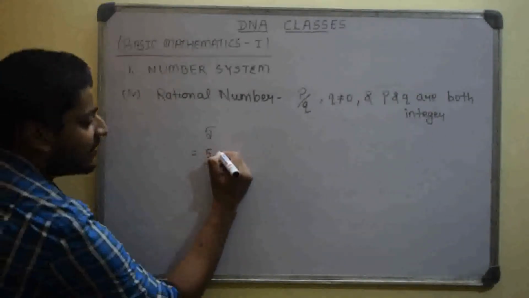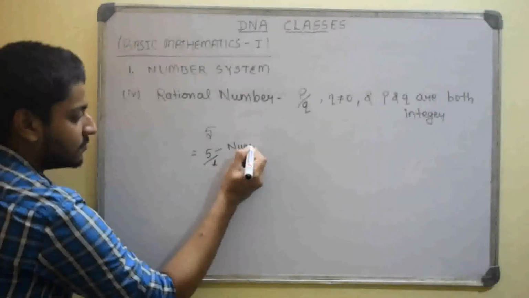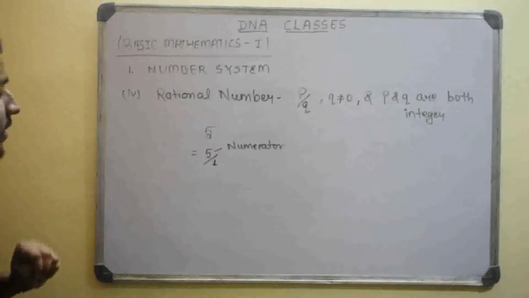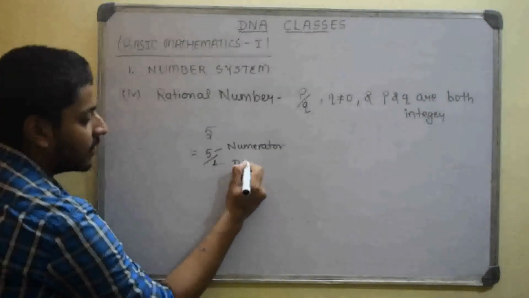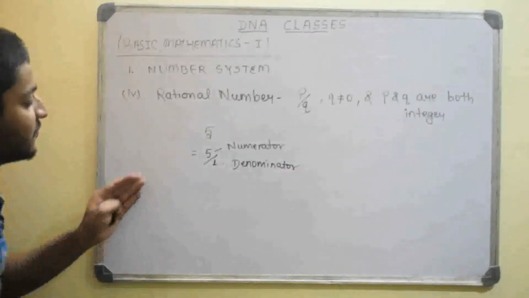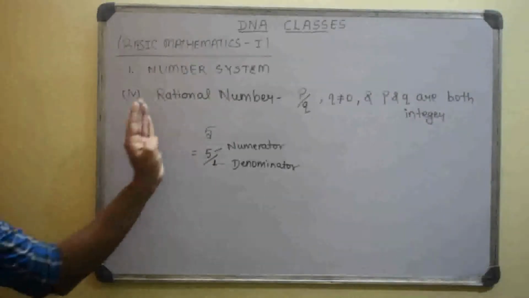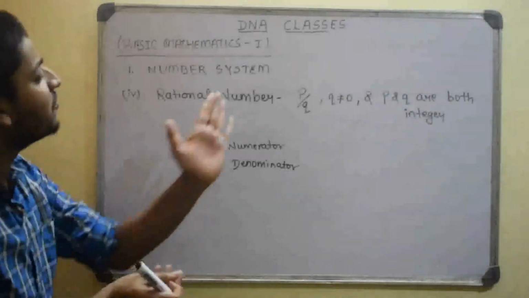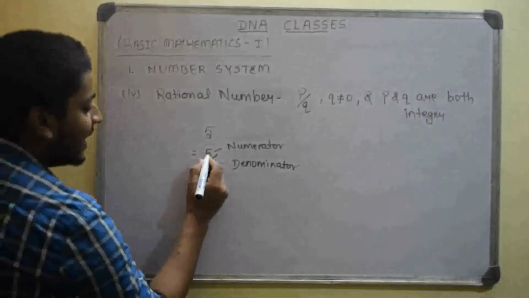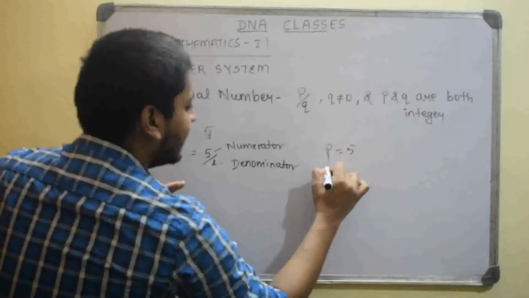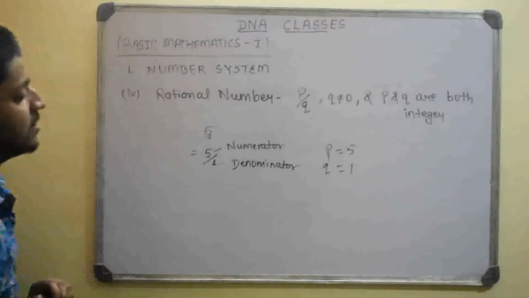In this, 5 is a numerator and 1 is a denominator. So 5 by 1 represents p by q, meaning if we take p value, we will get p value 5 and q value 1.